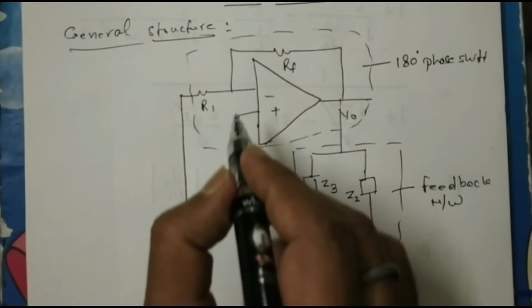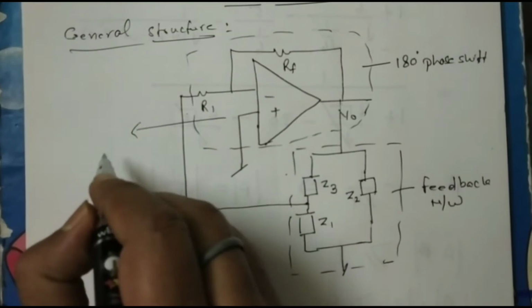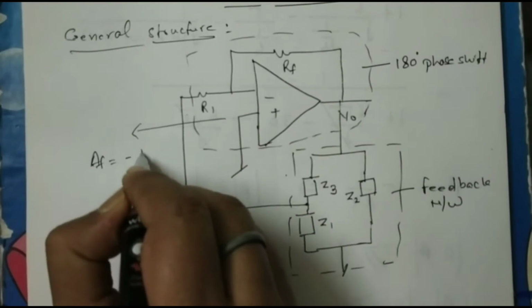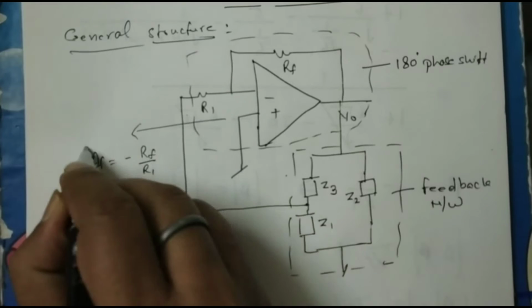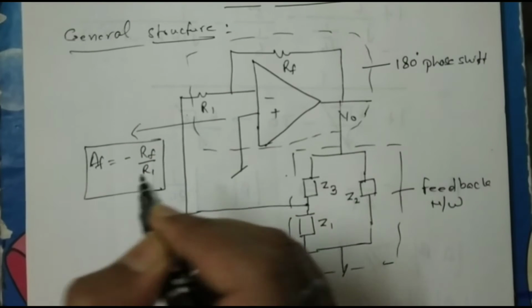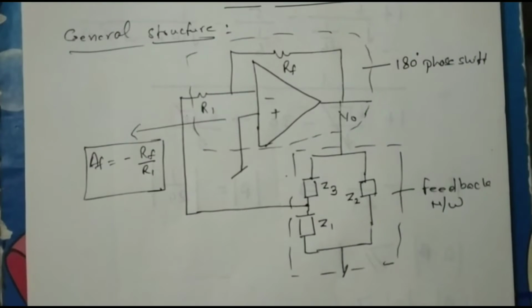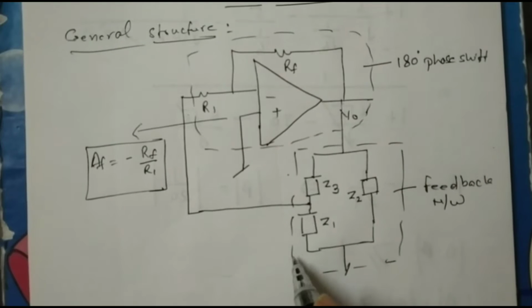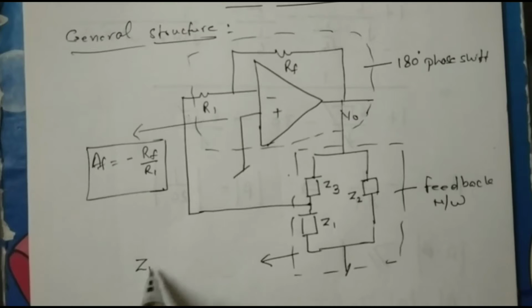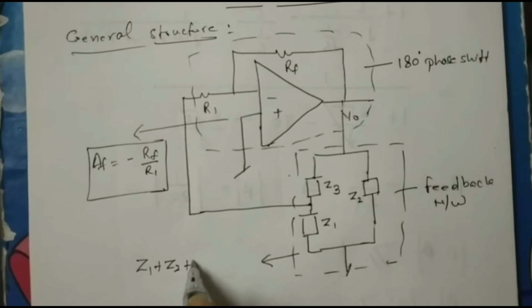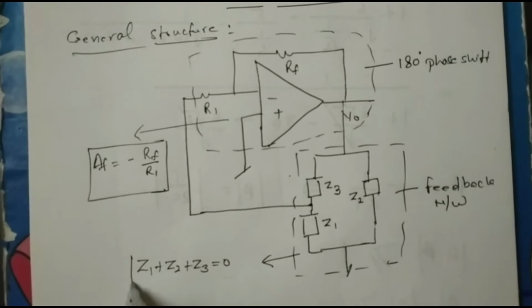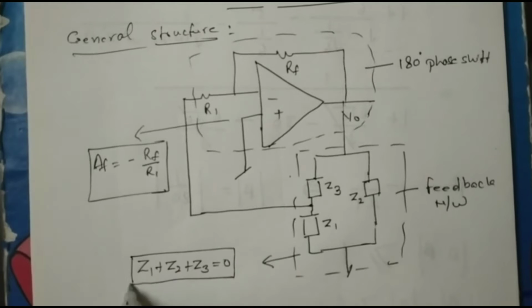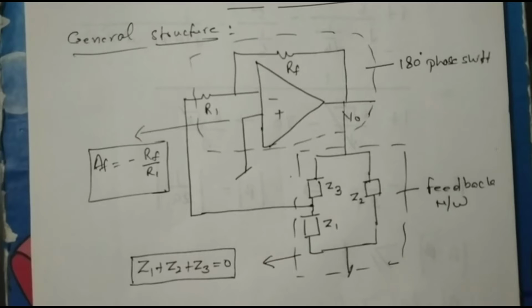The gain for this inverting configuration will be AF equals minus RF upon R1. The remaining 180 degree phase shift will be obtained by the condition Z1 plus Z2 plus Z3 equals 0. So this is all about the general structure of the LC oscillator.